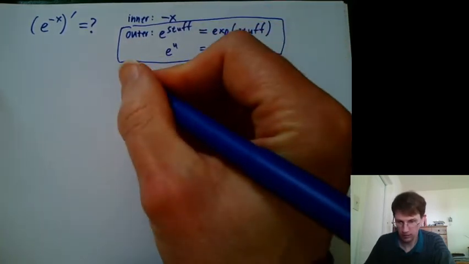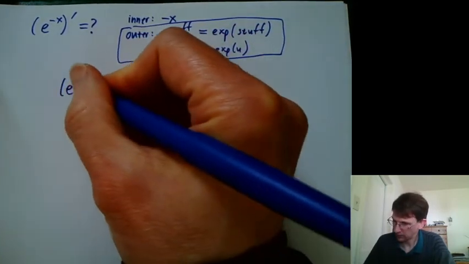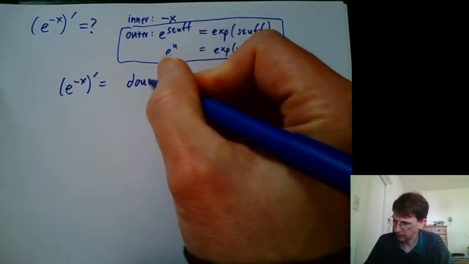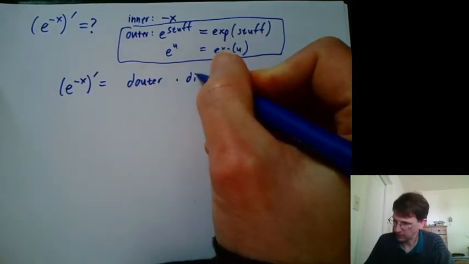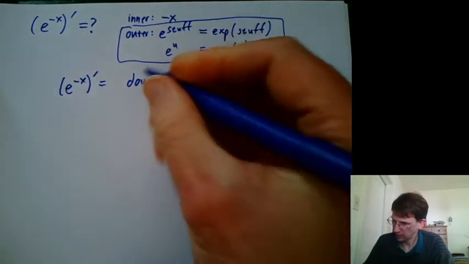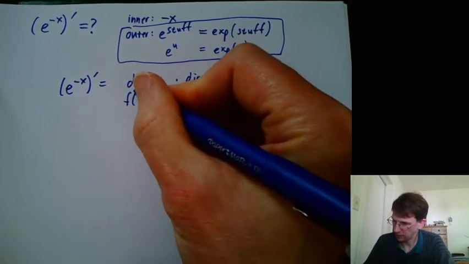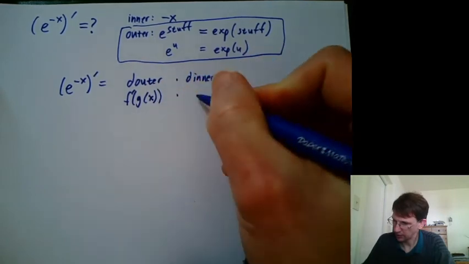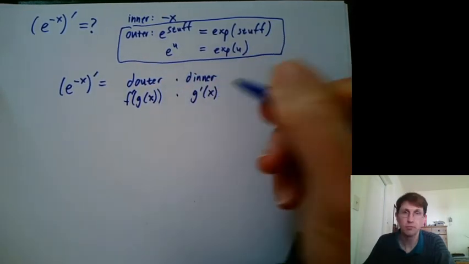So let's go back. e to the negative x prime is d outer times d inner, or we could write it again, f prime of g of x times g prime of x. Both ways are good.